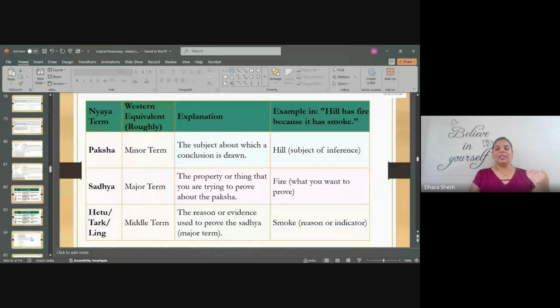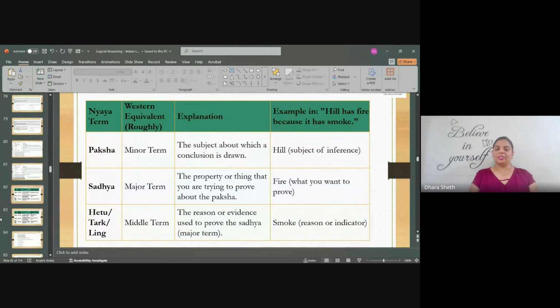You will have statements related to obversion, conversion, contraposition. You will have three statements where there would be premises and conclusion. Here, you will have one single statement. And in one kind of policy, you have two statements. That's it. From one single statement, in one single sentence, you will have major term, minor term, and middle term.